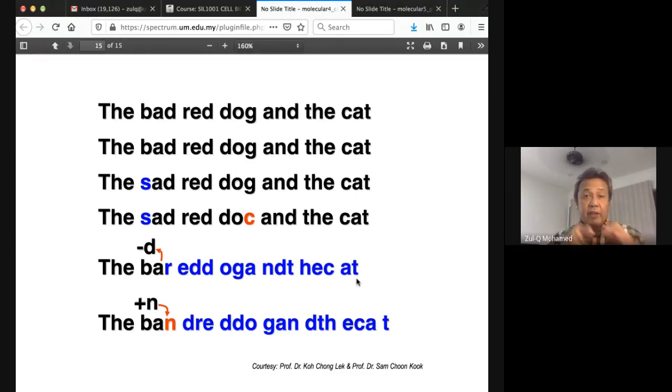That means the reading frame has shifted. It can happen either if you take out or if you put in. Here is another example where an N has been put in from the original. It makes the whole reading frame jumbled up.